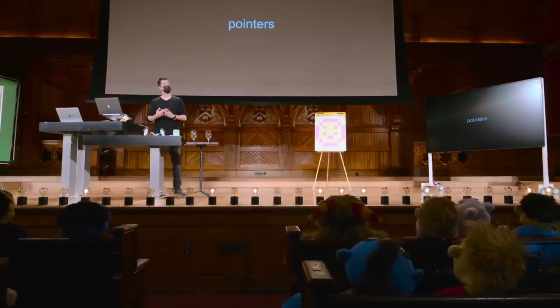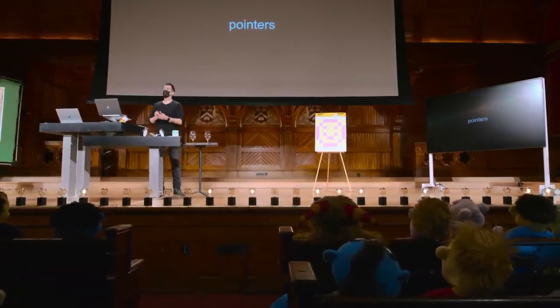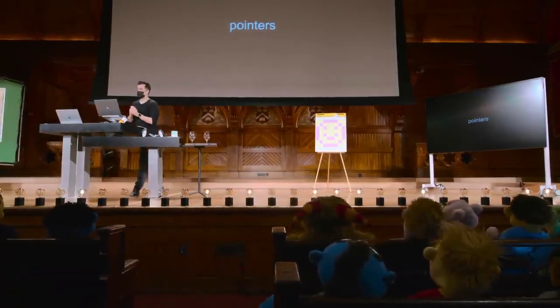So a pointer is a variable that stores the address of some value, the location of some value, or more specifically, the specific byte in which that value is stored. So again, if you think of your memory as being a whole bunch of bytes, 0 at top left, 2 billion or whatever at bottom right, depending on how much RAM you have, each of those things has a location and an address. A pointer is just a variable storing one such address.